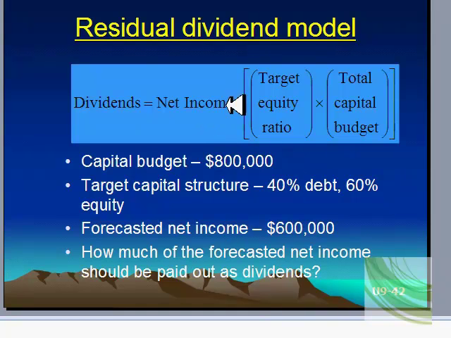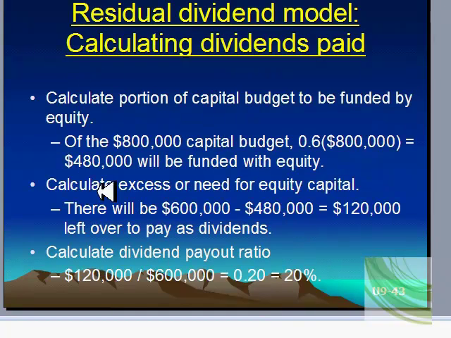You take the 600,000 minus the target equity ratio times the budget. So of the 800,000, 0.6 times that, 480,000, will be funded with equity. The excess will be 600,000 minus 480,000, which is 120,000, left to be paid as dividends. So the dividend payout ratio is that excess left over, which is 20% of net income.